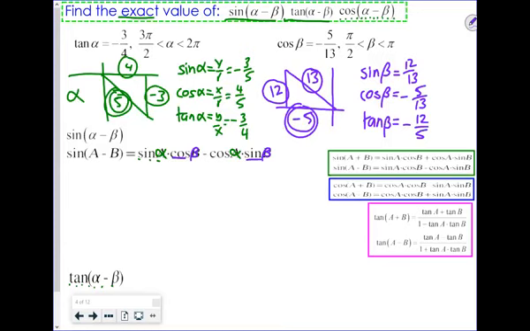Okay, right. So let's write this out then. What do we have here? We want something for the sine of alpha, times something for the cosine of beta, minus something for the cosine of alpha, times something for the sine of beta. Off we go. Fill it in, see what you get. I'm going to give you a minute.